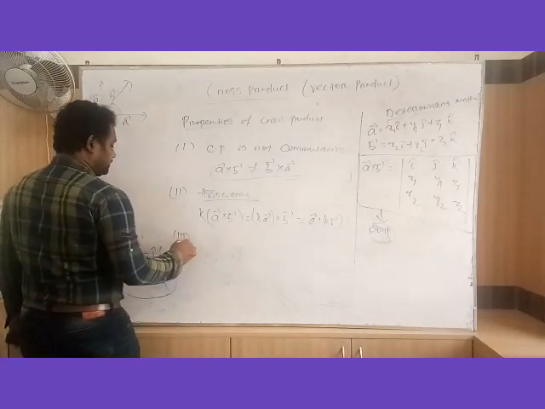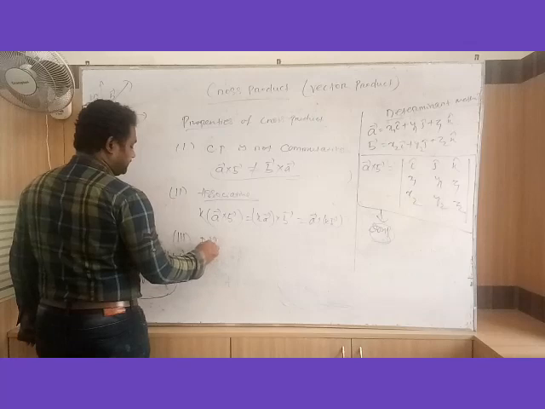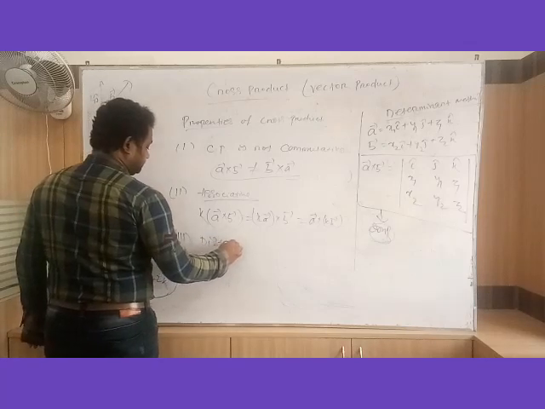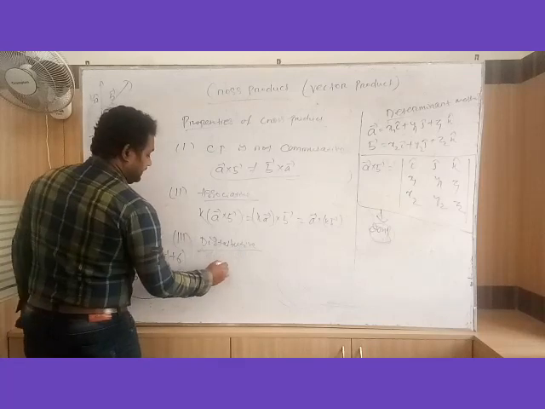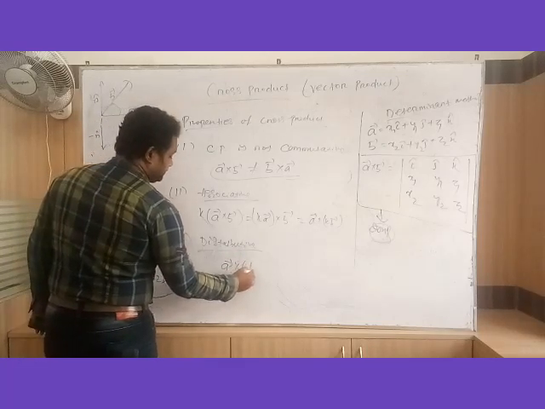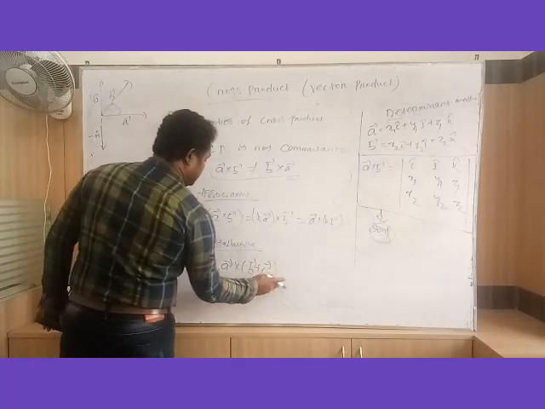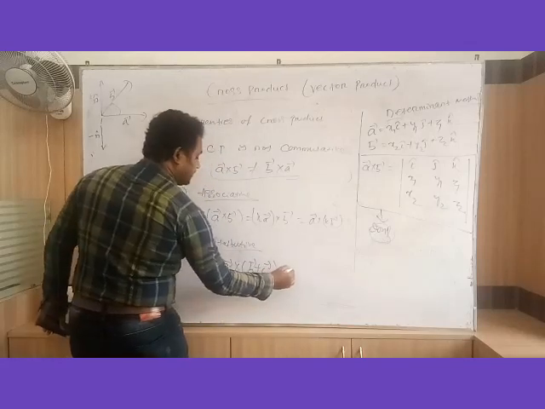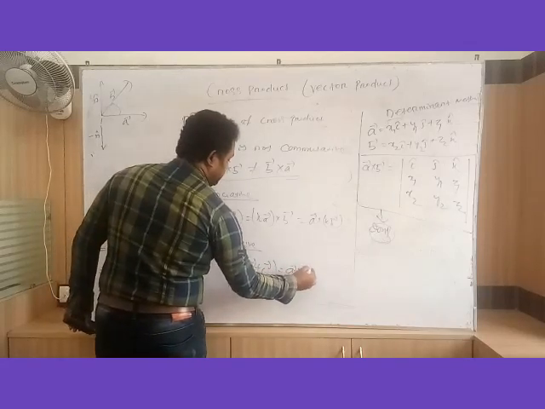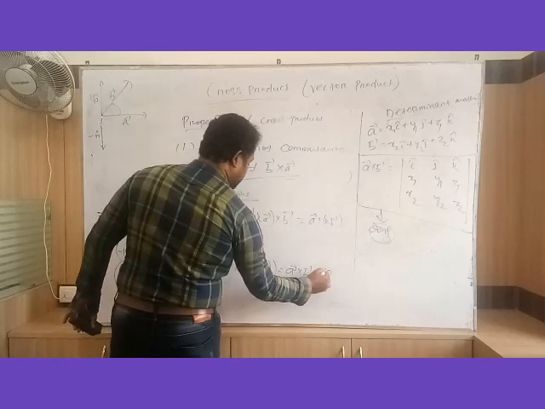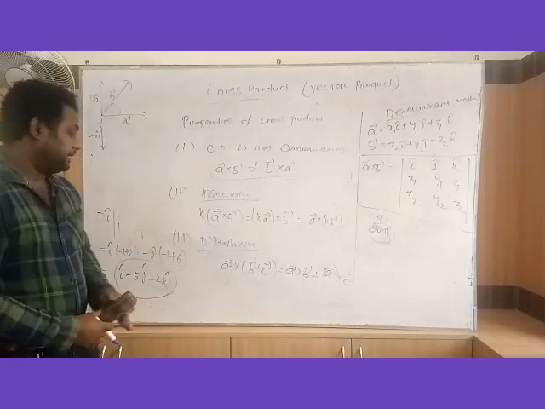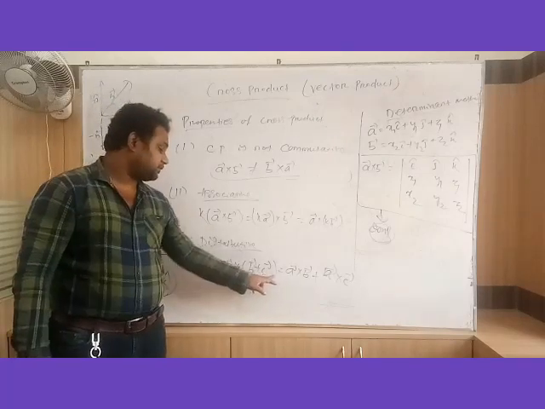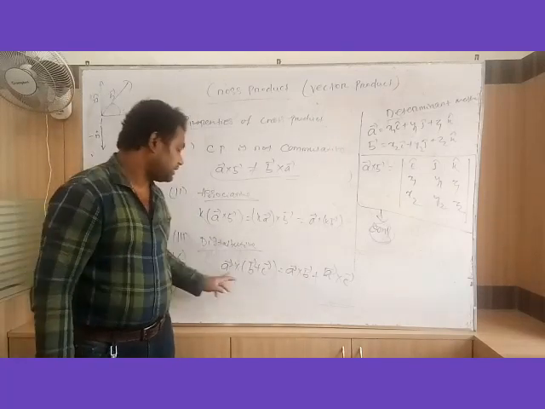Also, the cross product is distributive. That means a cross (b plus c) is equal to a cross b plus a cross c.